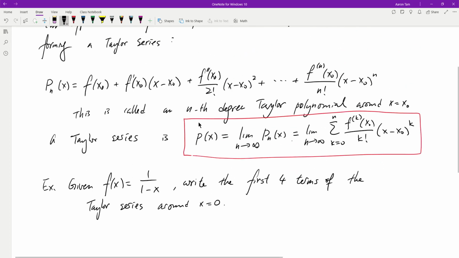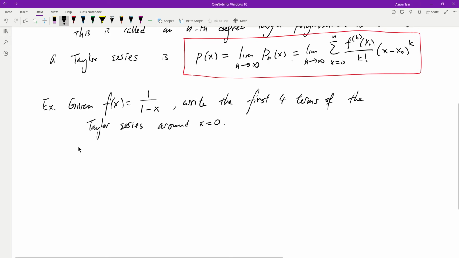So to generate the first 4 terms, what I basically need would be the 0th derivative, 1st derivative, 2nd derivative, and 3rd derivative, provided none of them actually becomes 0. So let's go ahead and do that.